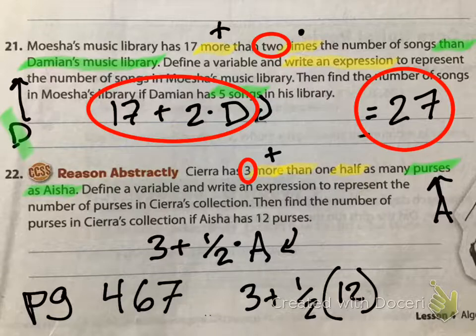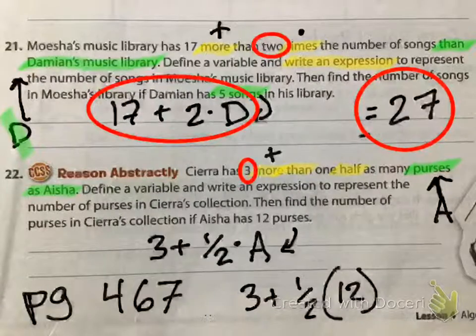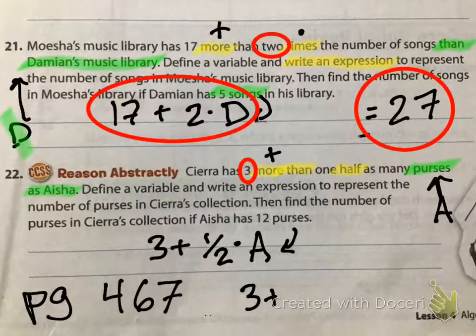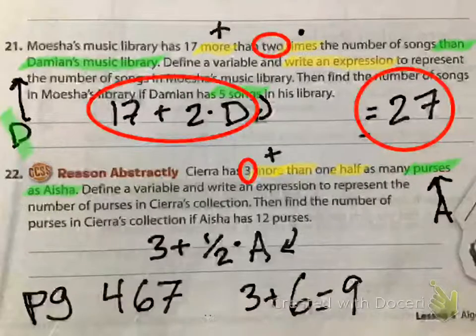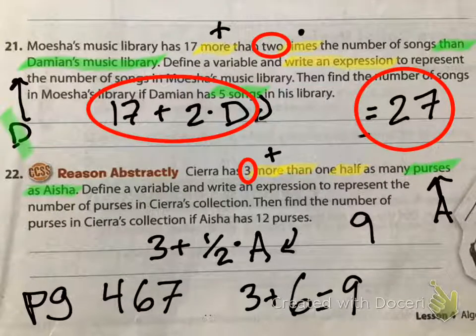I want to see a lot more hands up. Let's see, Miles. It is 6. Again, we did the dividing by 2. It's the same thing. So we figured that out. We have 6. And then we do our final step, 3 plus 6. What is 3 plus 6 equal to? What is it, Daniel? 9. So Sierra has 9 purses.